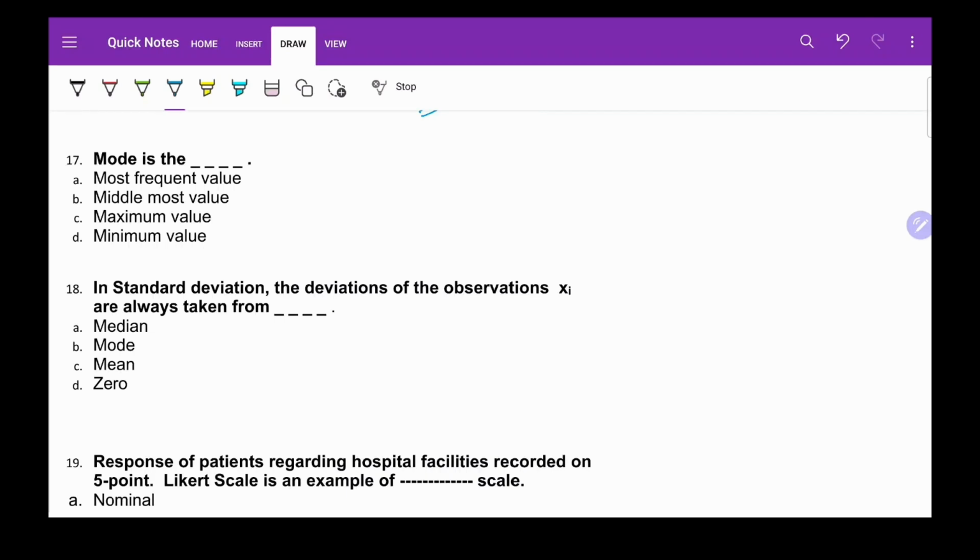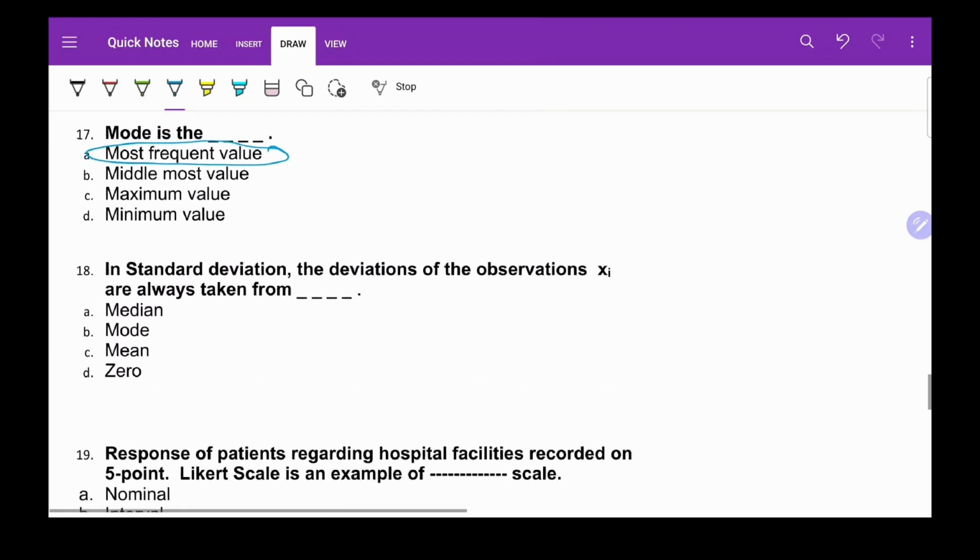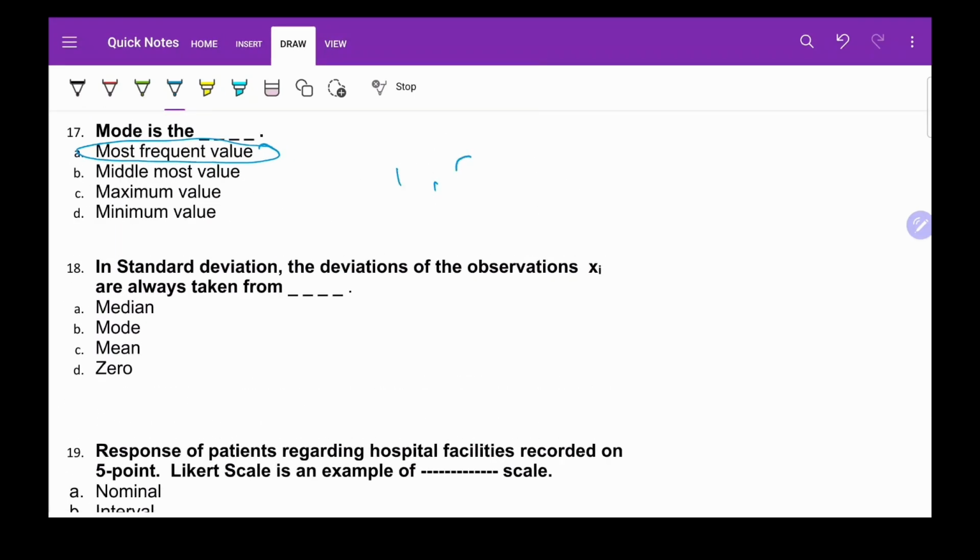Mode is the most frequent value, middle most value, maximum value, minimum value. So mode is what? Mode is the most frequent value of our data set. Mode can be 1 or 2, or there can be multimodal data also. Suppose one value is repeated maximum number of times, then we can say that particular value is nothing but the mode of our data set.